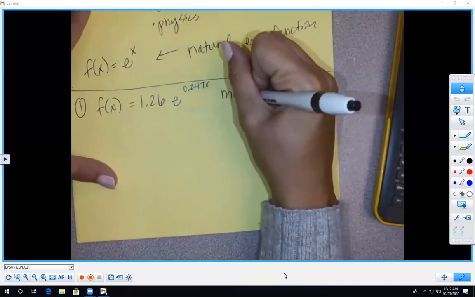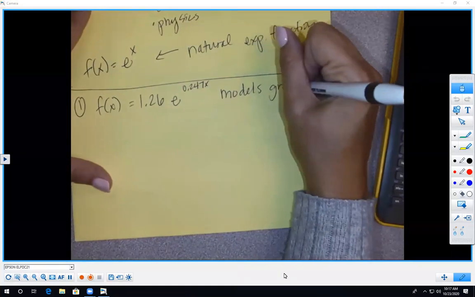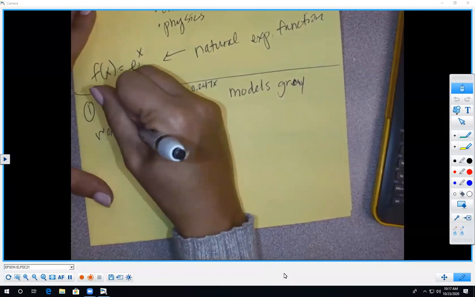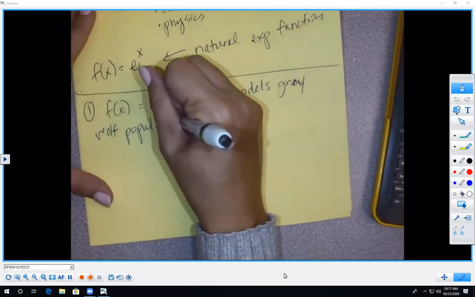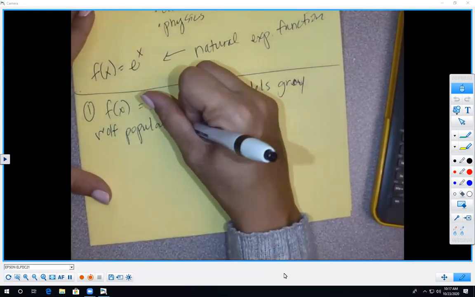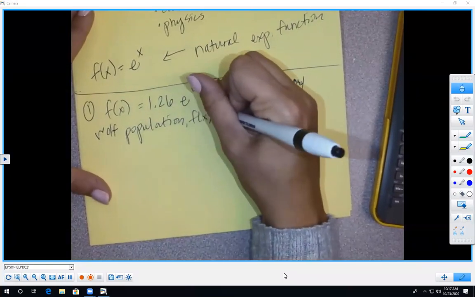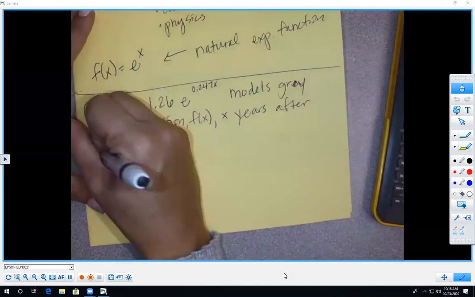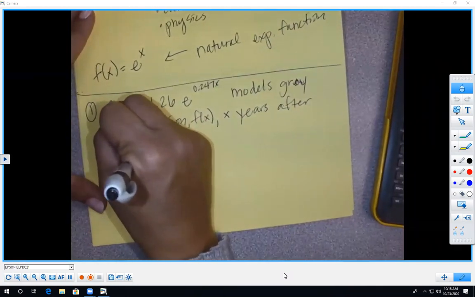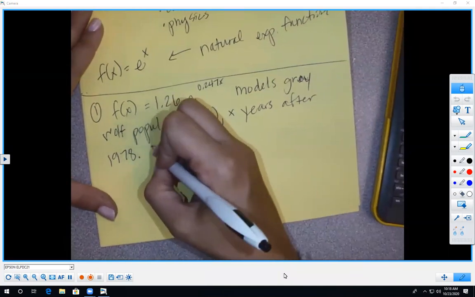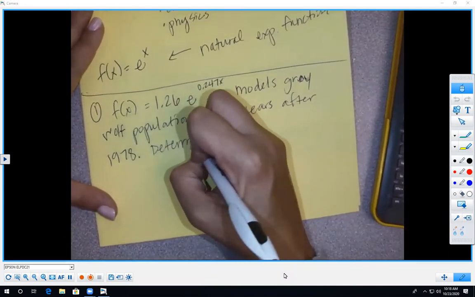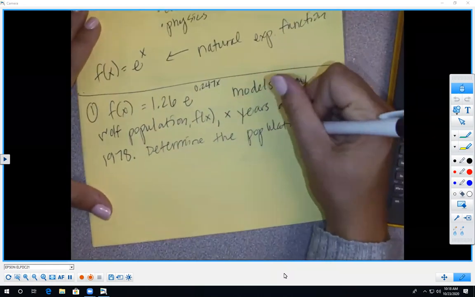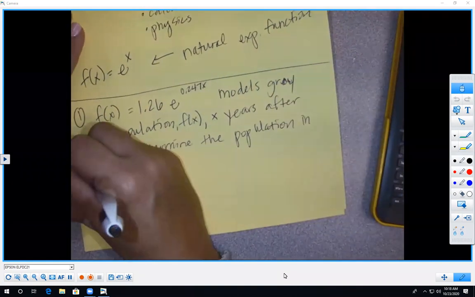This function models the gray wolf population. f of x is the population, and x is years after 1978. So we want to determine the population, let's say this year, in 2020.